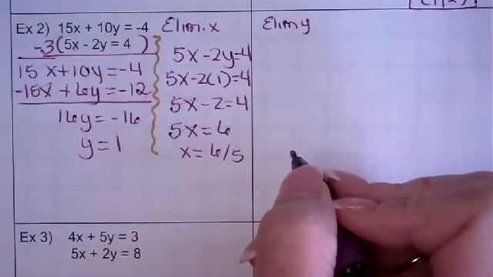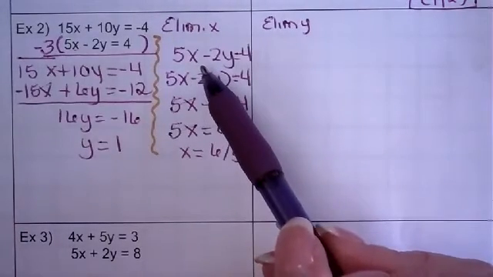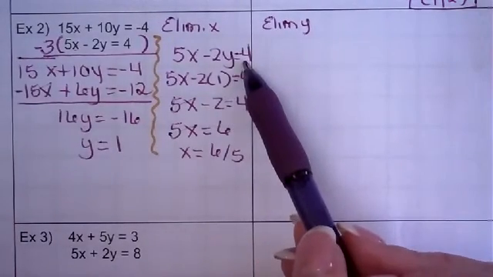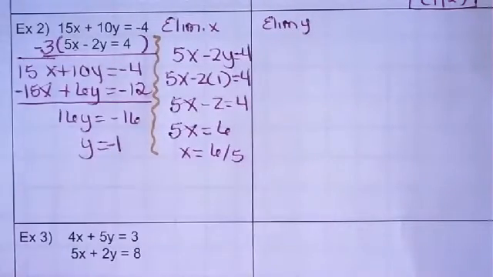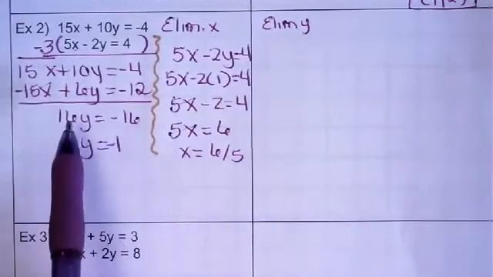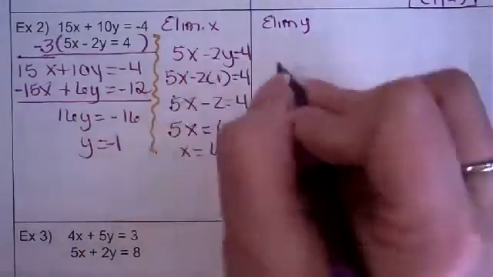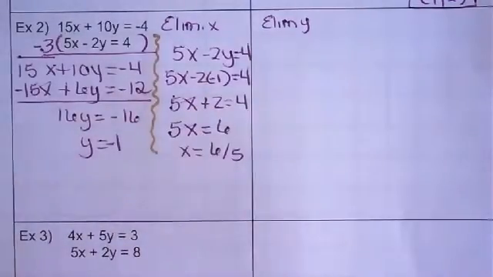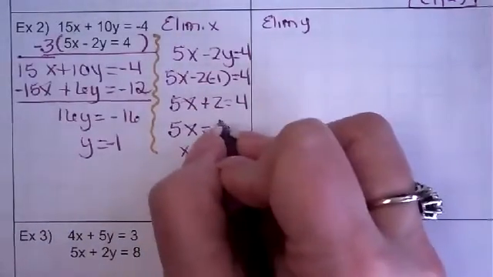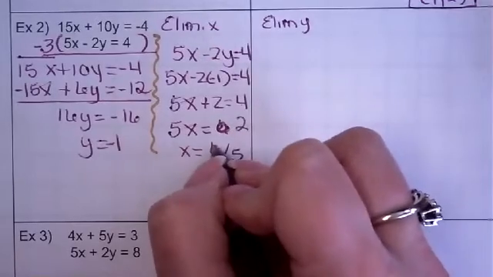And I think I made a mistake. Let's find my mistake. 5 minus 2y, so, oh, look right here. That's supposed to be a what right there? That's supposed to be a negative 1 because it's negative 16 divided by 16, which is negative 1. So then that's a negative 1, and then that becomes a plus 2. Okay, so right here what I'm going to have is 4 minus 2, which is 2.